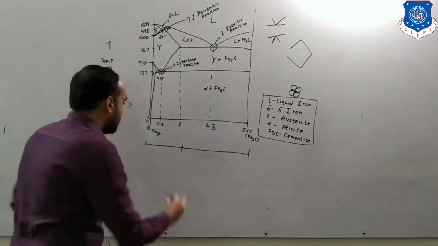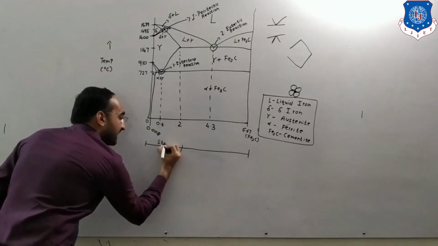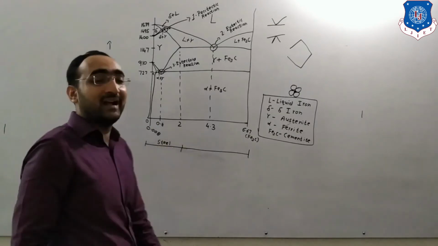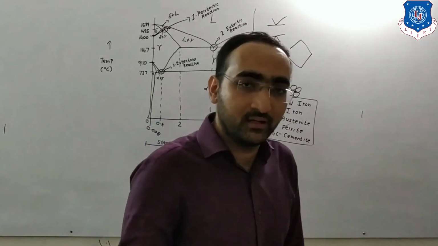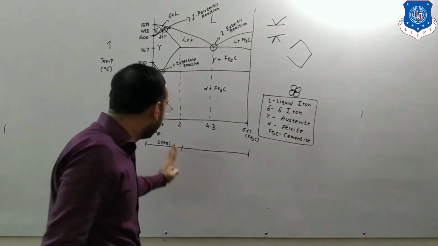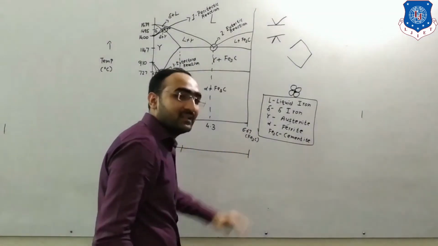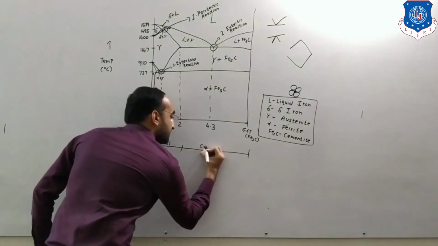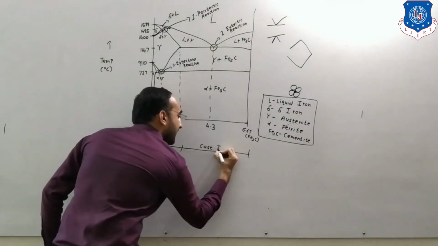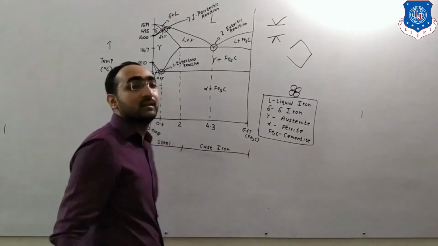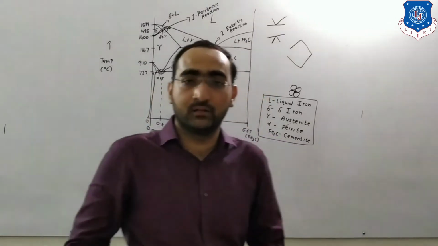The 0 to 2 portion is known as the steel portion. If the carbon is present up to 2% in iron, then that product is called steel. But if it is between 2 to 6.67%, it is known as cast iron.